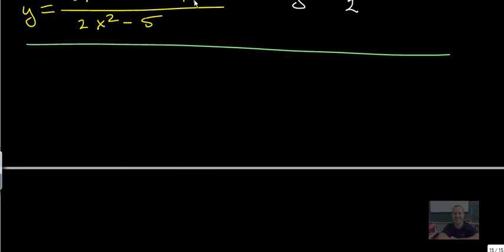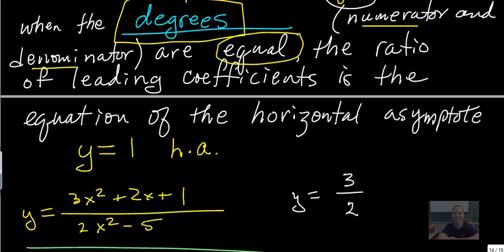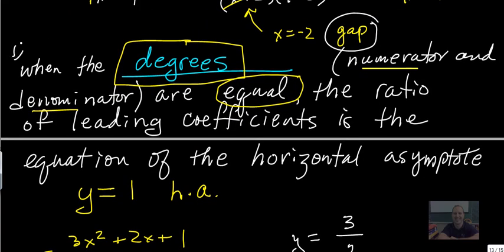Okay, so the next piece to the puzzle here is what happens if the degrees aren't the same. So number 2, I know I didn't label number 1, but this is really number 1 right here.